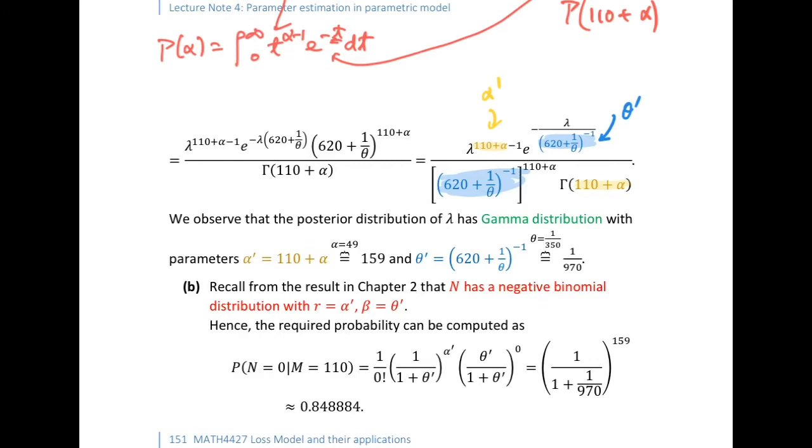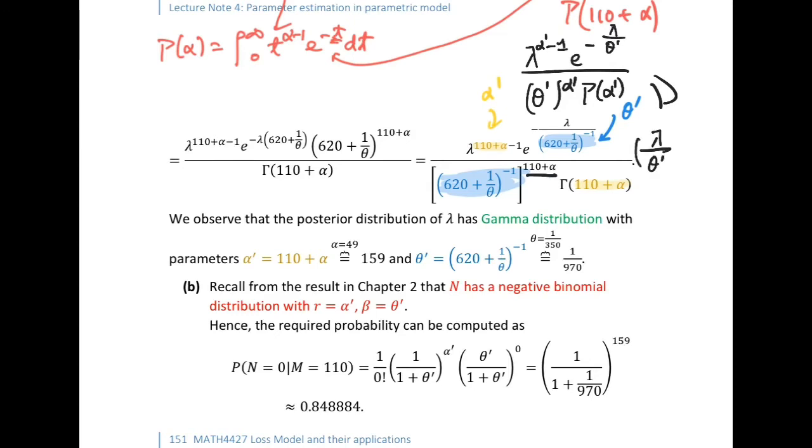In that case, your PDF can be written as lambda to the alpha prime minus 1, exponential minus lambda over theta prime, divided by theta prime to the power alpha prime, times gamma of alpha prime. Or maybe you can write one step further, and this is what you get.